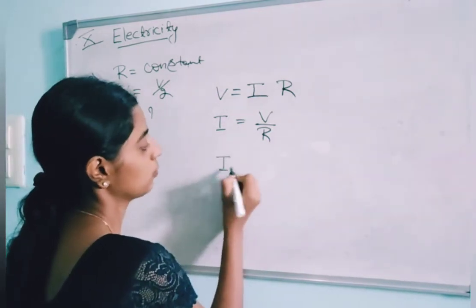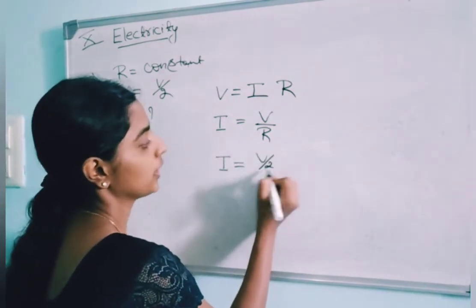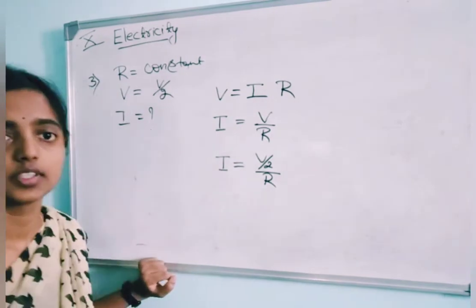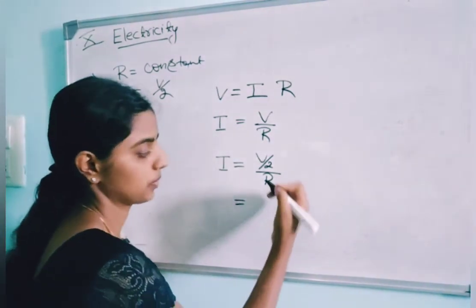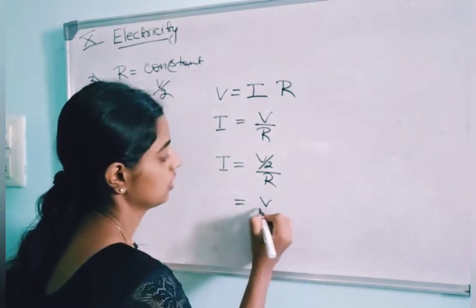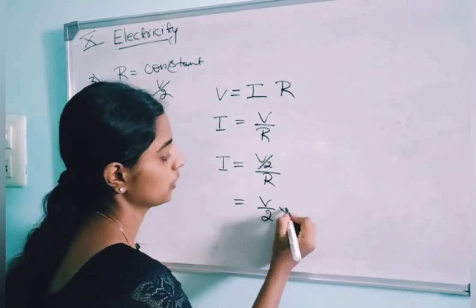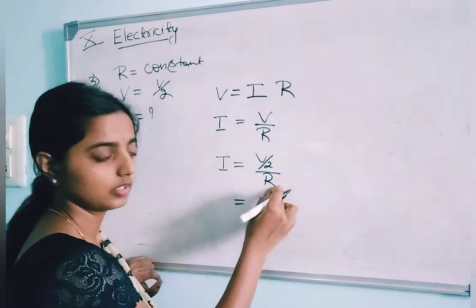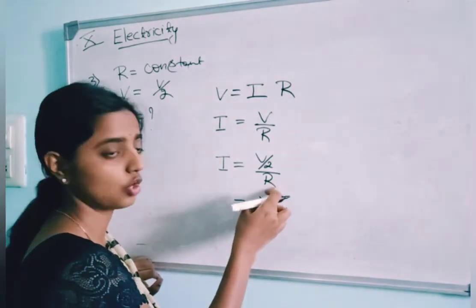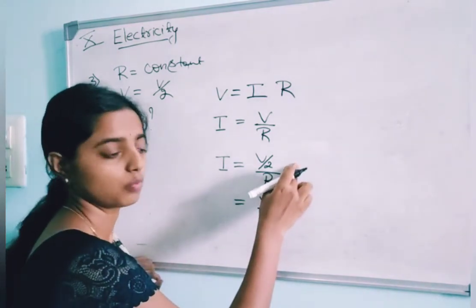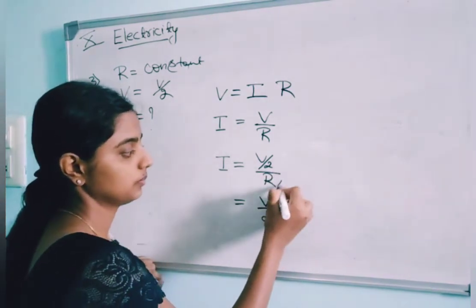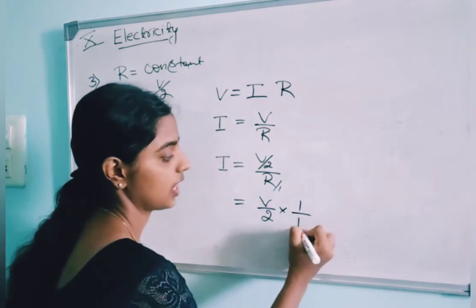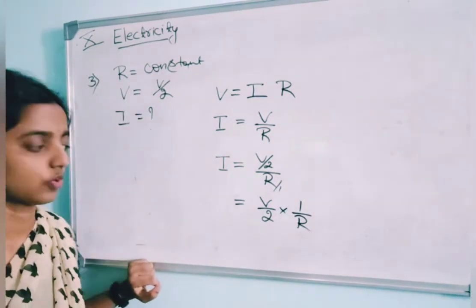So can I write I is equal to V by 2R? Clear? Now what will be the next step? You can modify it as you want. V by 2 into 1 by R, that means R in the denominator, if it goes to the numerator, it will become 1 by R. Clear? So this is the next step.